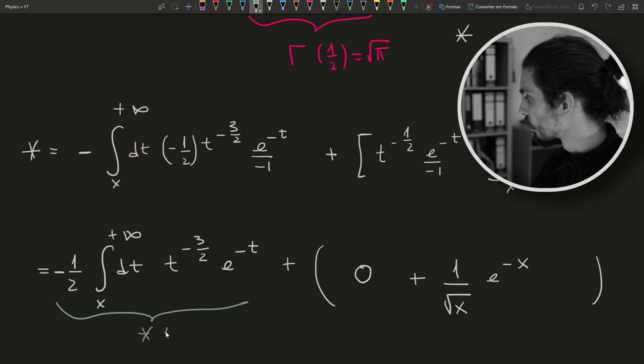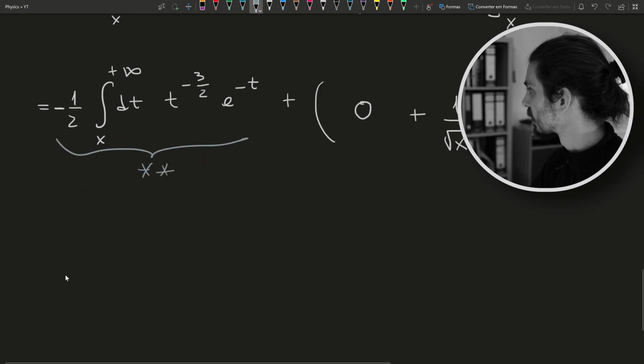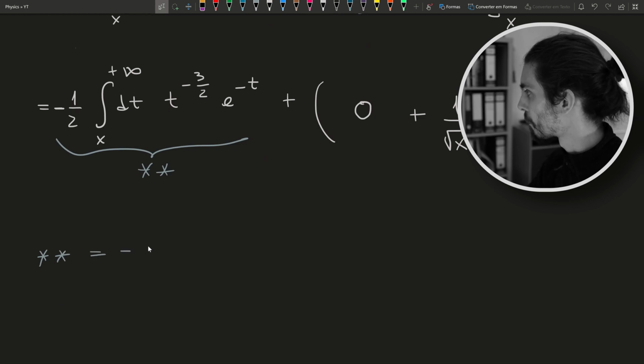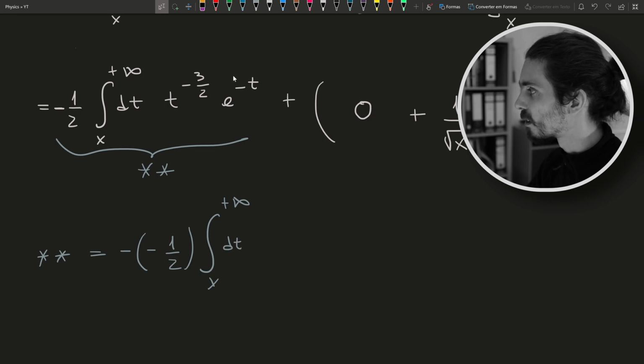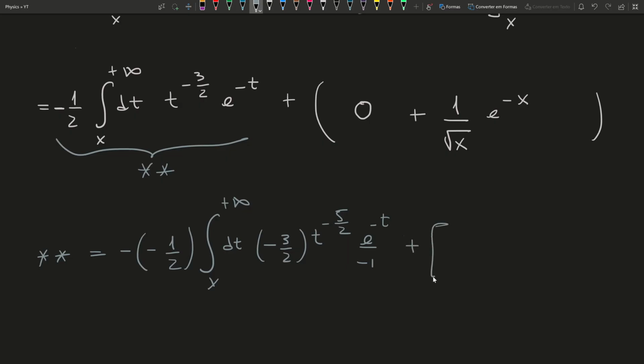This integral here, let's call it 2 stars. Using integration by parts, it gives us a minus sign, minus 1/2, integral from x to plus infinity dt, and now again we move the derivative from this side to this side, so we get minus 3/2 t^(-5/2), and here minus exponential minus t divided by minus 1, on which we add the boundary term from x to plus infinity of this thing here.